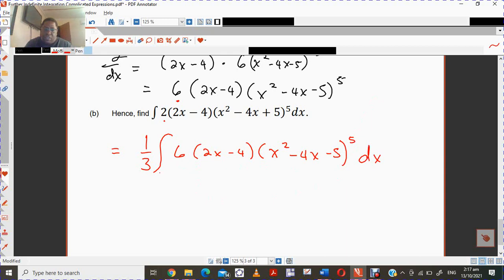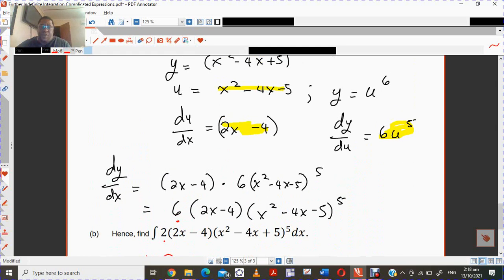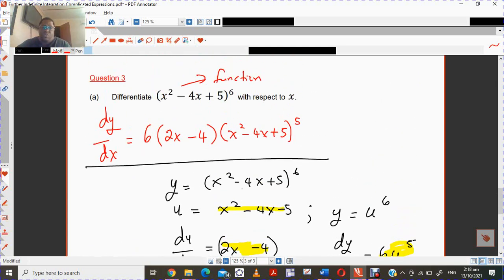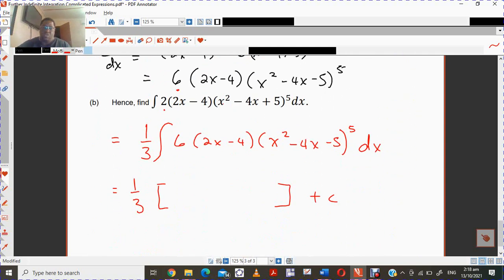What is the function here, when we are integrating? The function, the y, is this function that we have, which is x squared minus 4x plus 5, the whole function raised to the power 6.